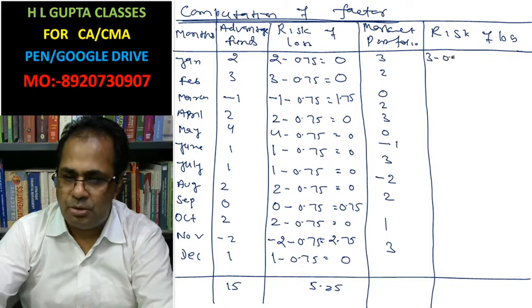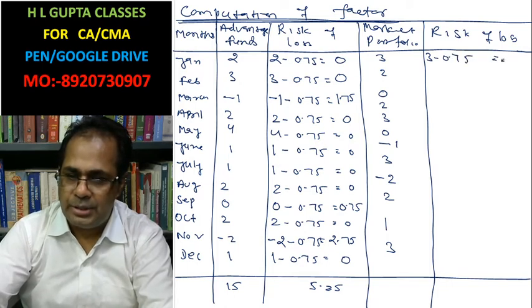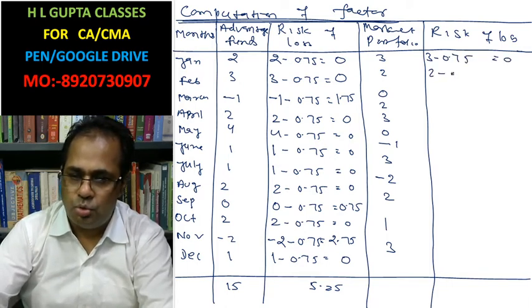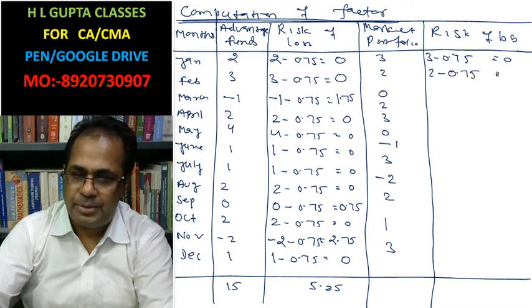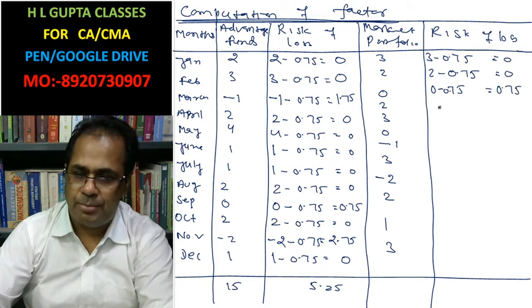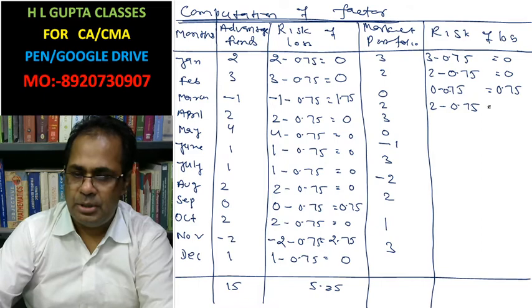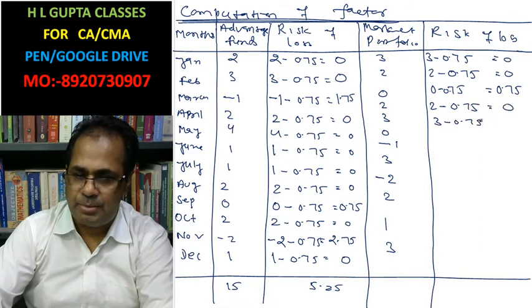3 minus 0.75. Risk of loss is 0. 2 minus 0.75. Risk of loss is 0. 0 minus 0.75. Risk of loss is 0.75. 2 minus 0.75. Risk of loss is 0. 3 minus 0.75.